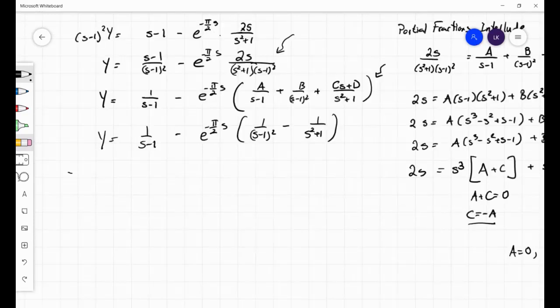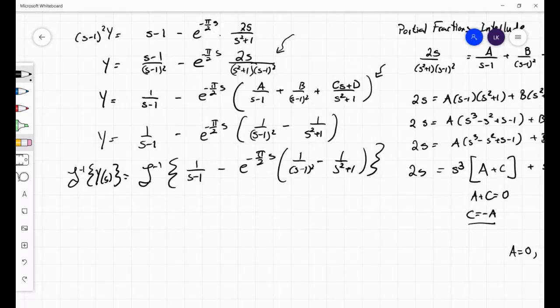So now we're ready for the inverse Laplace. Of course, on the left-hand side, the inverse Laplace of this function of s is just the corresponding function of t in the time domain. The inverse Laplace of the first term we recognize as an exponential, e to the t. Here we have a decaying exponential in the s domain, so that's going to correspond to a step function that's turned on at pi over 2 in the time domain.